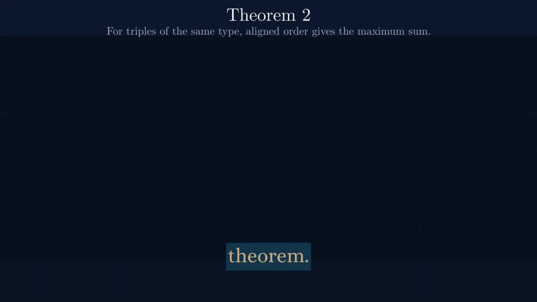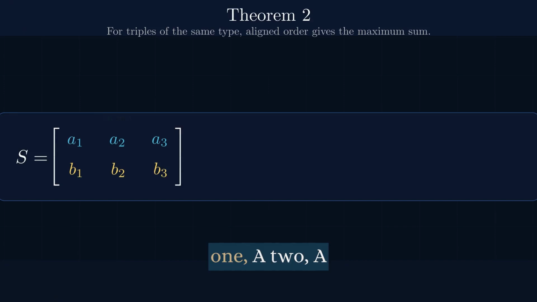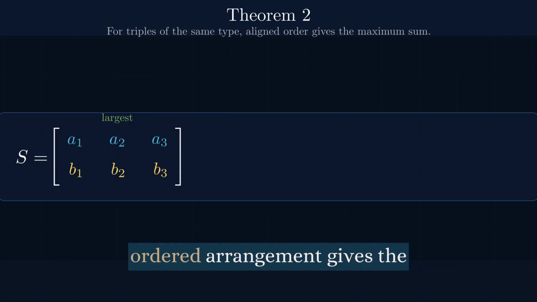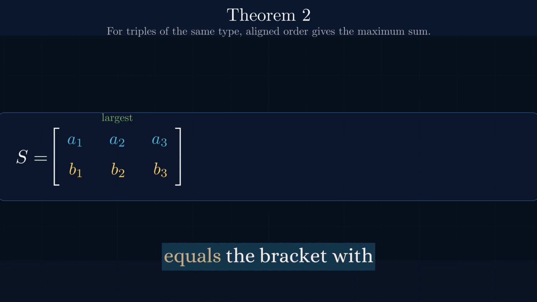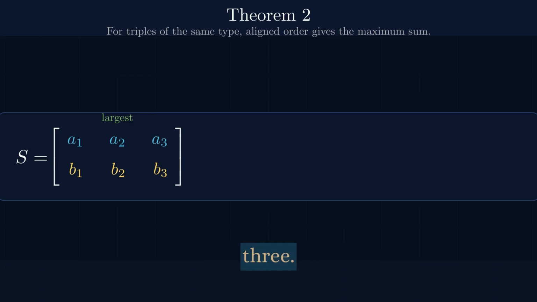Now comes the key theorem. If the triples A1, A2, A3, and B1, B2, B3 are of the same type, then the similarly ordered arrangement gives the largest sum S, which equals the bracket with top row A1, A2, A3, and bottom row B1, B2, B3.